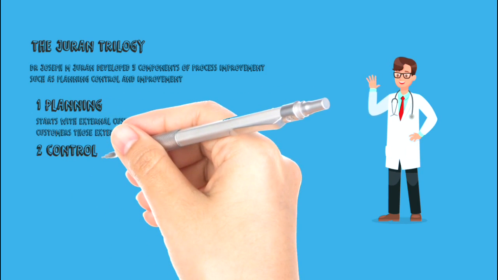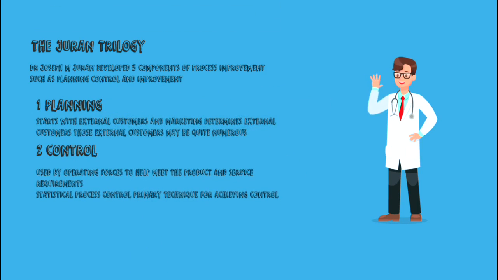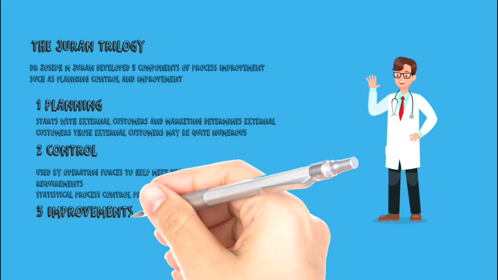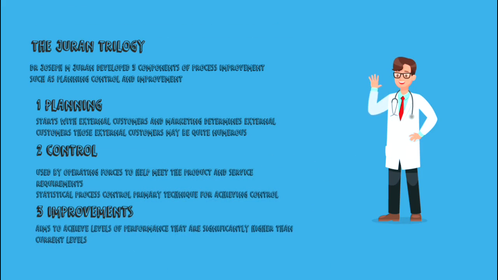In control, it is used by operating forces to help meet the product and service requirements. Statistical process control is the primary technique for achieving control. In improvement, it aims to achieve levels of performance that are significantly higher than current levels.